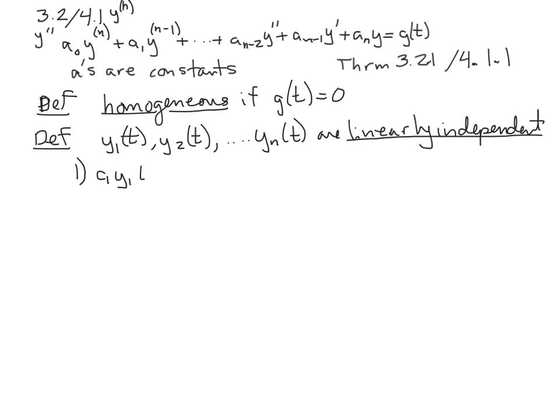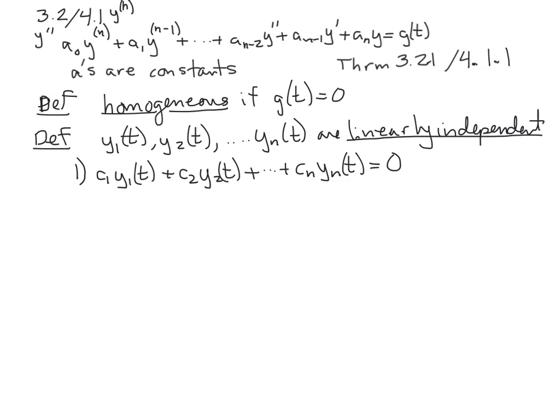So we're going to put all these functions with numbers out in front of them, kind of like in a line, plus c sub n, y sub n of t. We're going to set this linear combination of these functions equal to 0.